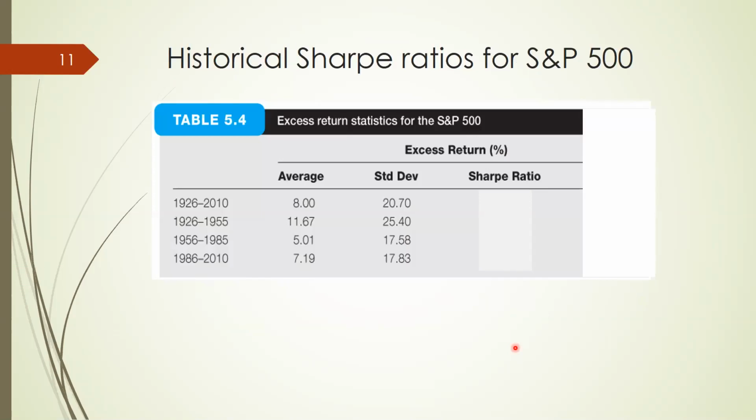Some calculation you can try using the historical data for the S&P 500. Here, I gave you the average of the excess return instead of the return and risk-free rate, and I gave you the standard deviation.